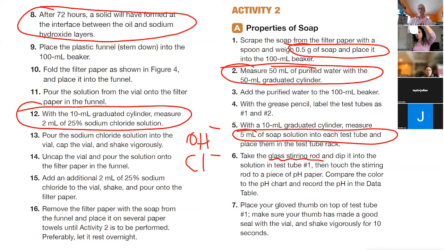Basically, you take a drop from the soap solution, touch it to the filter paper, then compare it to see what color it is. The lighter the color, the lower the pH; the darker the color, the higher the pH. You want to use gloves for this, because there will be sodium hydroxide around. So we will be using gloves today.